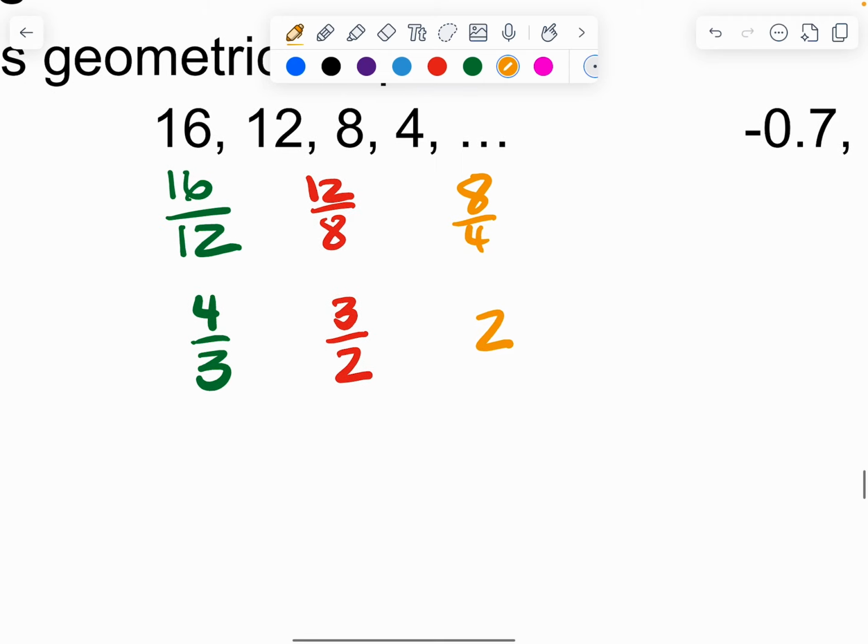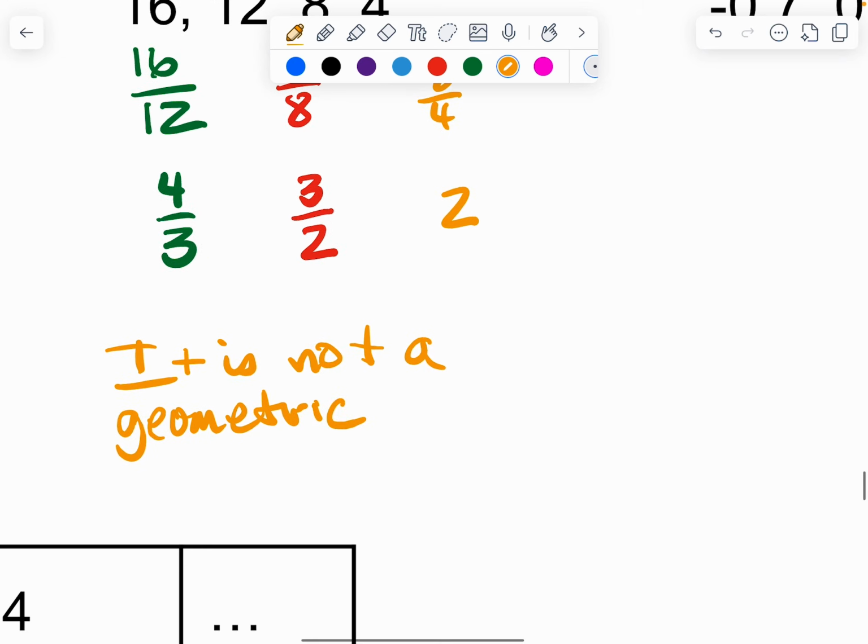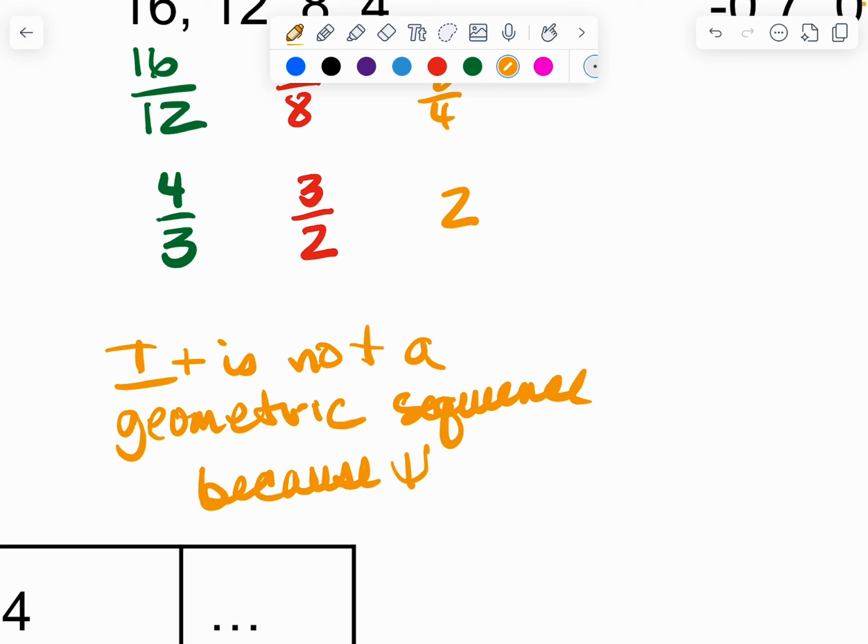Now, are those exactly the same? No, it is not a geometric sequence because there isn't a common ratio.